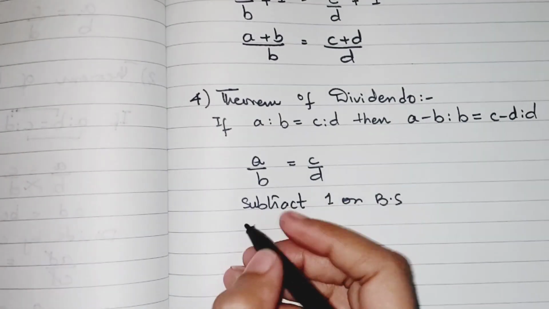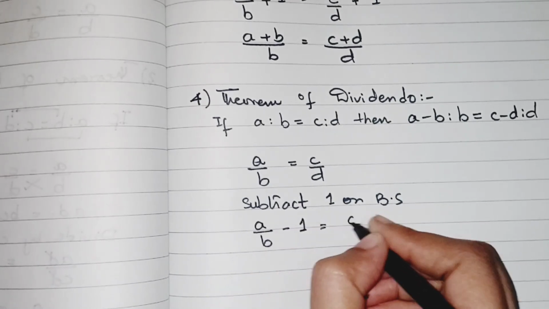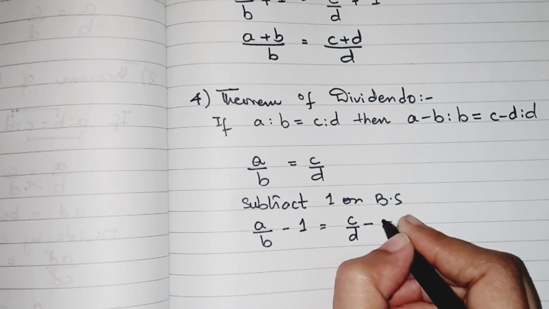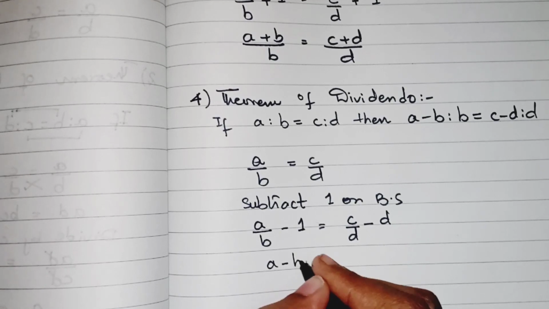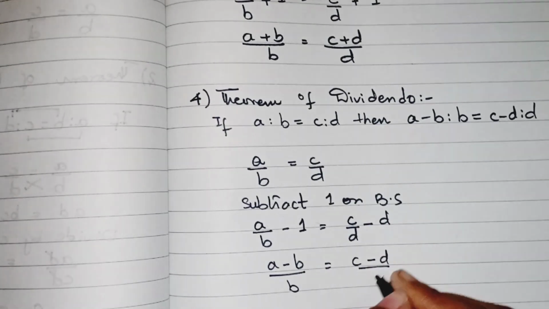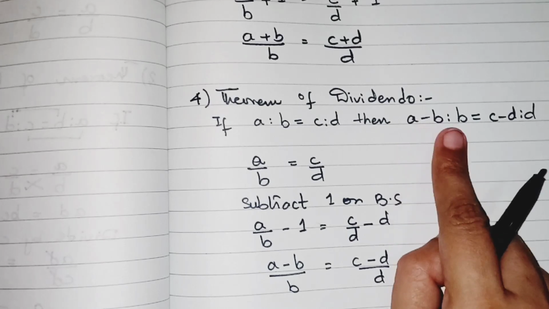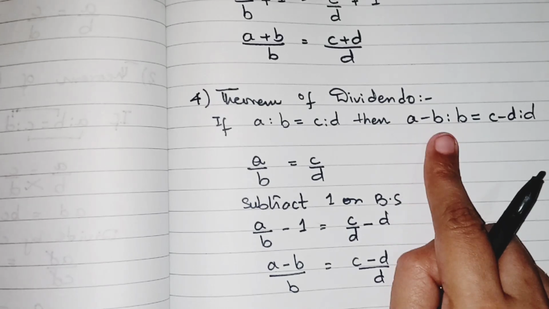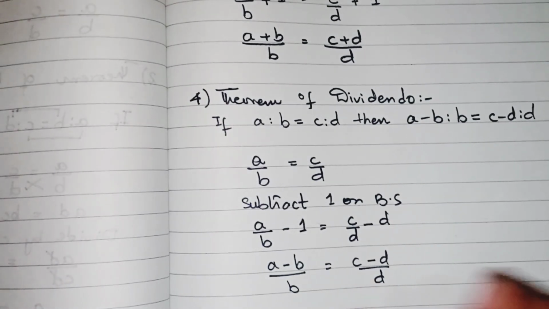By subtracting 1 we have to take the LCM, and the numerator will not be affected, and our answer will come in an easy way according to the statement of the theorem of dividendo: C minus D upon D. So this is the statement: A minus B ratio B equals C minus D ratio D, and by subtracting 1 the theorem of dividendo is proved.